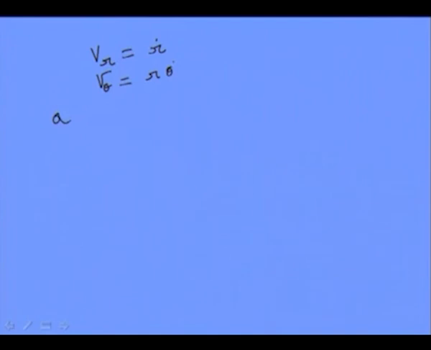Similarly, the acceleration A can be written as (r double dot minus r theta dot square) er plus (r theta double dot plus 2 r dot theta dot) e theta. Now we will make use of this equation.